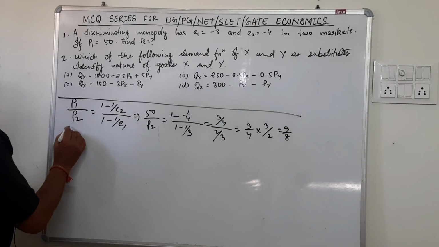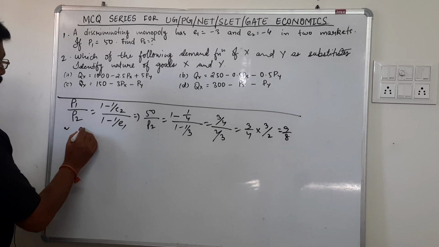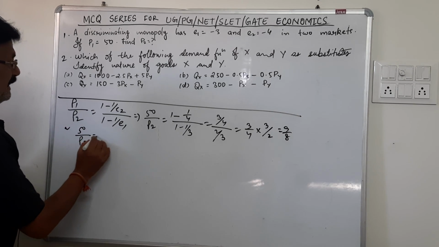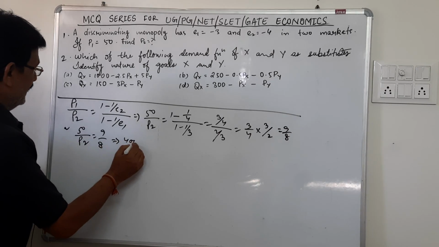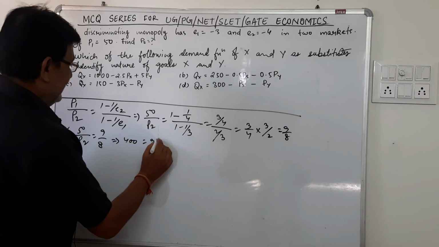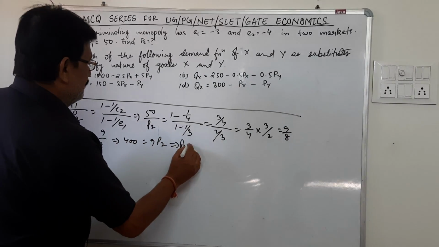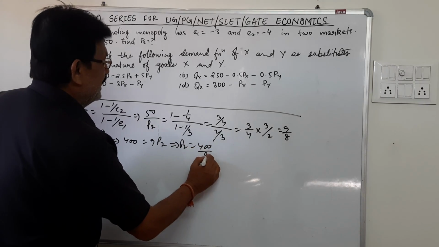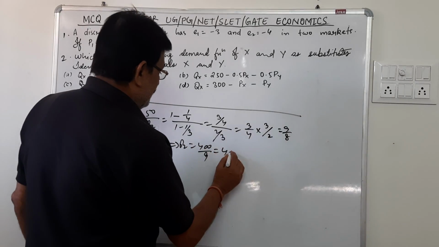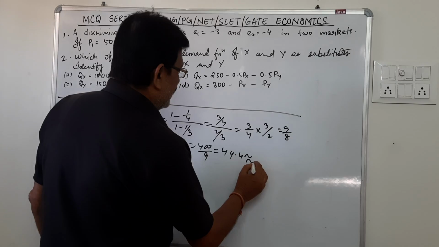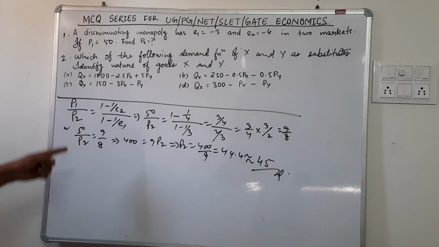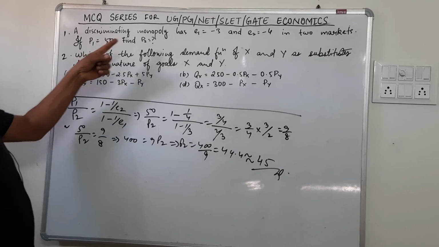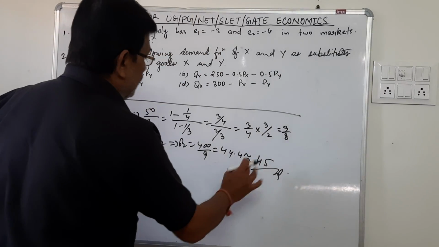So 50 by P2 is 9 by 8, so 400 is 9 P2, hence P2 is 400 by 9, approximately 45. This will be the answer, if P1 is 50 and these two elasticities are given.